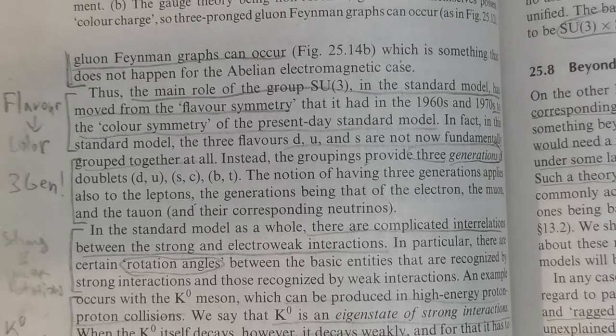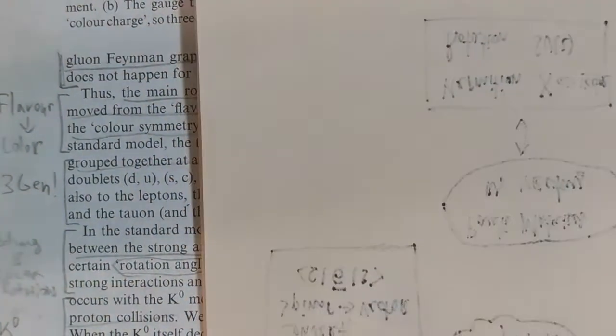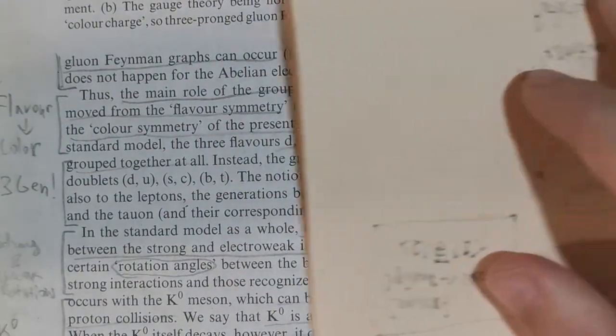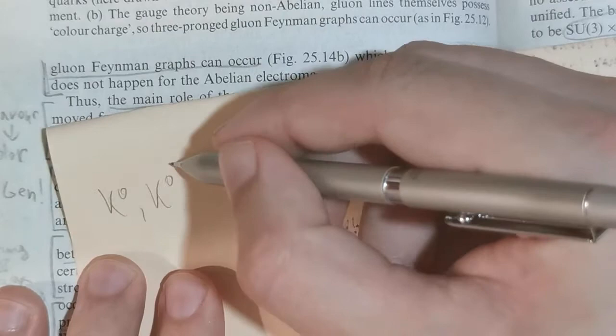He says that we have the K0 meson and also its antiparticle, K0 with a hat above it. Those are strongly interacting particles coming from the strong interactions, so they are governed by the strong forces.